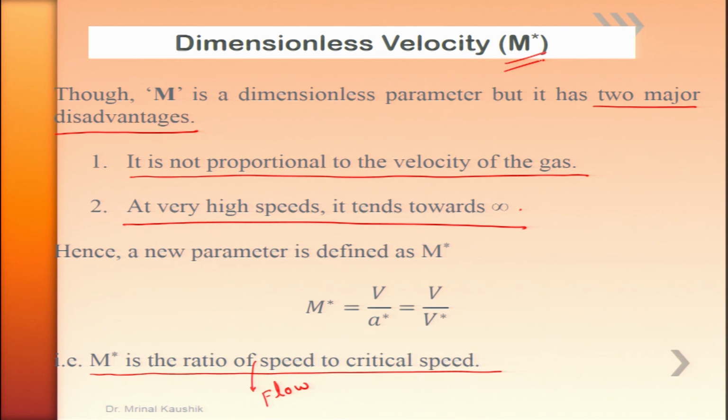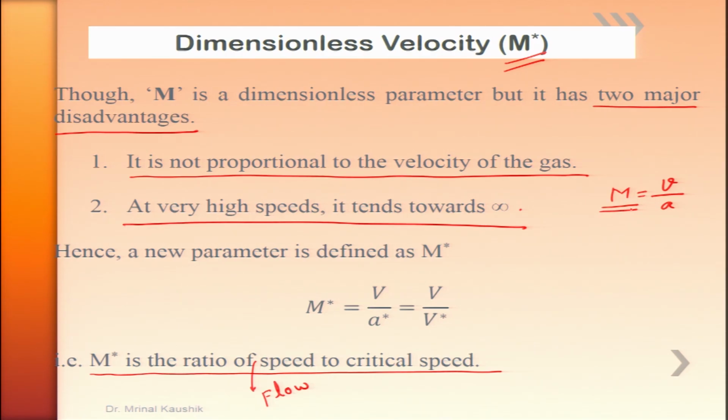Why is it required? Please see M, which is V by A. Being a non-dimensional number, please note it is not directly proportional to V. Secondly, if we keep on increasing the velocity and theoretically let it tend to infinity, the Mach number also tends to infinity.